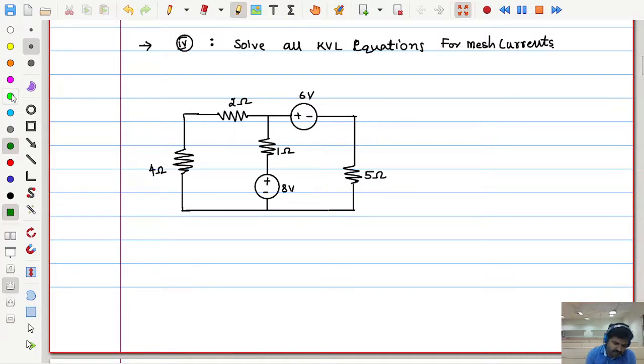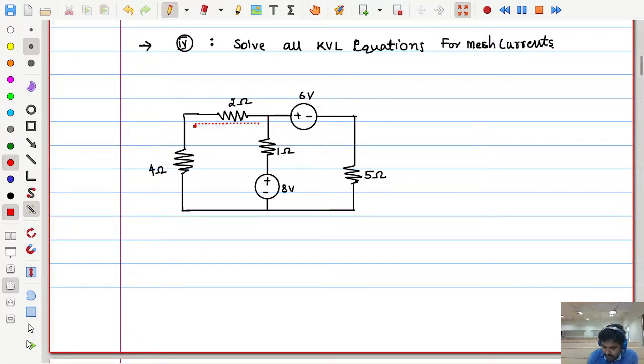To identify the meshes, the simple logic is that you start somewhere in the branches, as like this, start here, and you move along the elements, but don't jump over the element. Once there is a junction here, I cannot jump through this wall constructed with the 1 ohm.